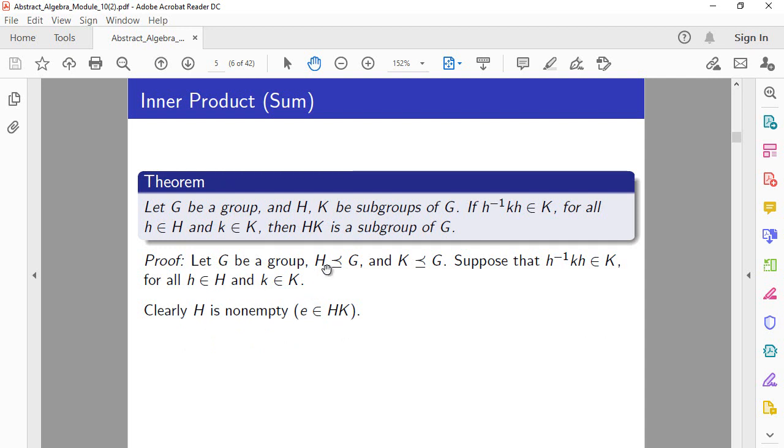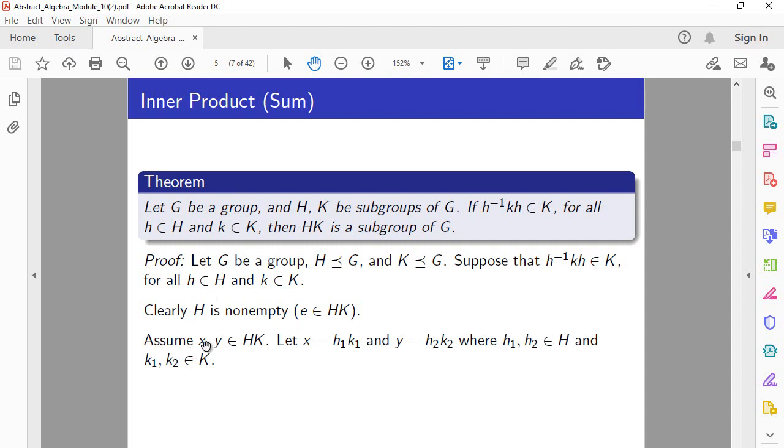Because the identity belongs to both H and K. So if I pick E in H and E in K, then E times E is in HK. So HK is non-empty. Again, I have a typo here. This should be HK.